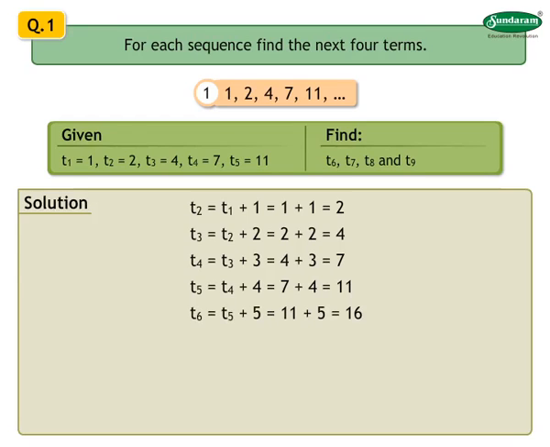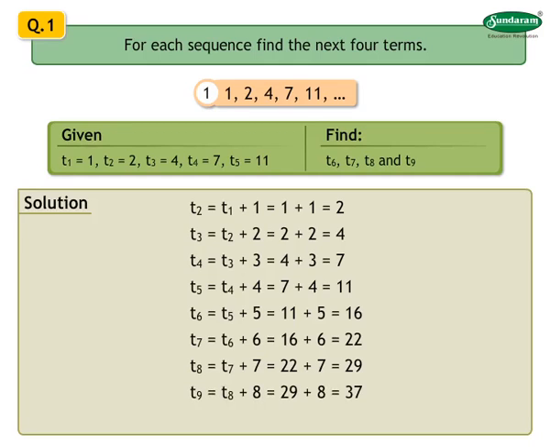T6 is equal to T5 plus 5 is equal to 11 plus 5 is equal to 16. T7 is equal to T6 plus 6 is equal to 16 plus 6 is equal to 22. T8 is equal to T7 plus 7 is equal to 22 plus 7 is equal to 29.